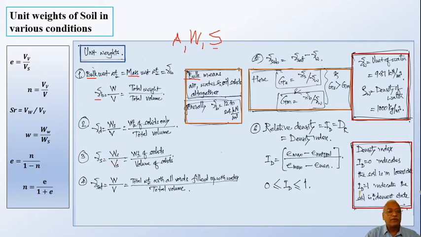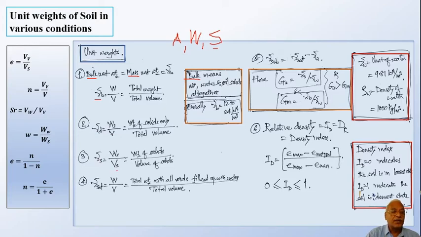So when you have three phase, then you will realize volume of solids only means it is very small part, because including volume of solids, volume of voids, it becomes total volume, and that is there here in the denominator of gamma dry.